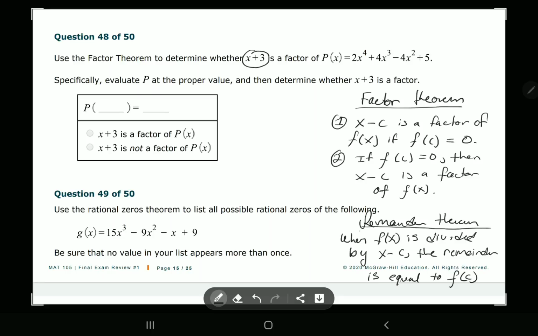And if the outcome is 0, that means your remainder is 0. If the outcome is 0, your divisor, x minus c, which in this case is x plus 3, is a factor of p of x. It may sound a little bit confusing, and this is not a lecture. Let's just get into the problem. So make sure you have the factor theorem and the remainder theorem down. Screenshot it, whatever you got to do, because I am going to erase that.